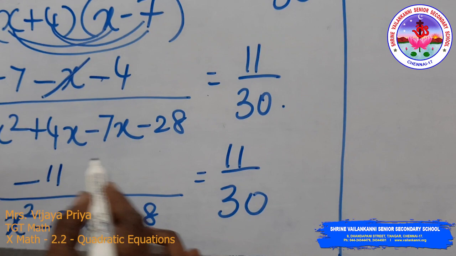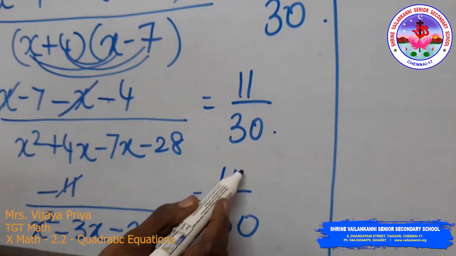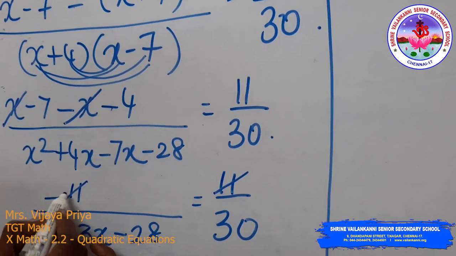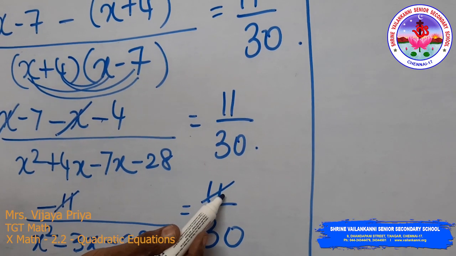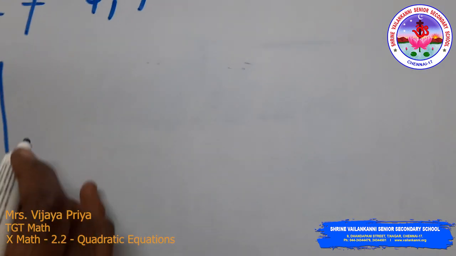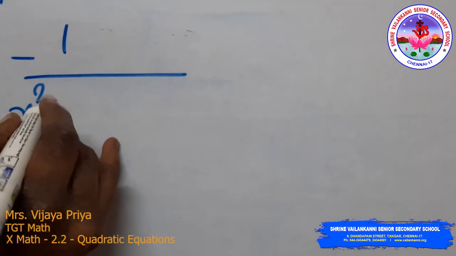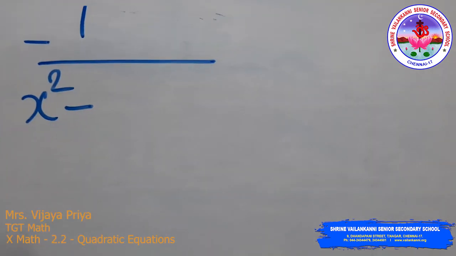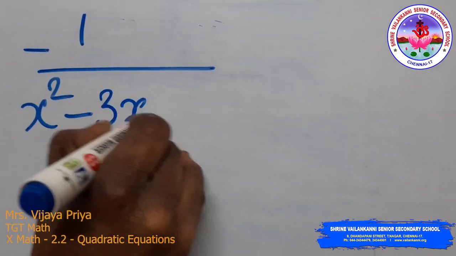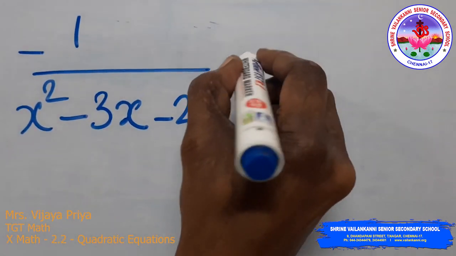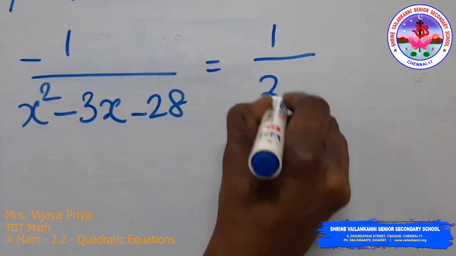Now you have 11 on both sides. I can cancel this 11 so that I have minus 1 here and plus 1 here. So now my equation becomes minus 1 by x squared minus 3x minus 28, which is equal to 1 by 30.